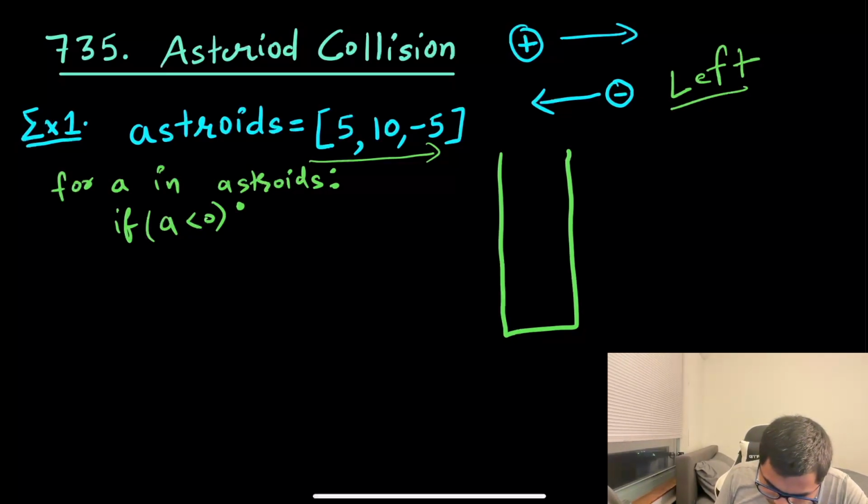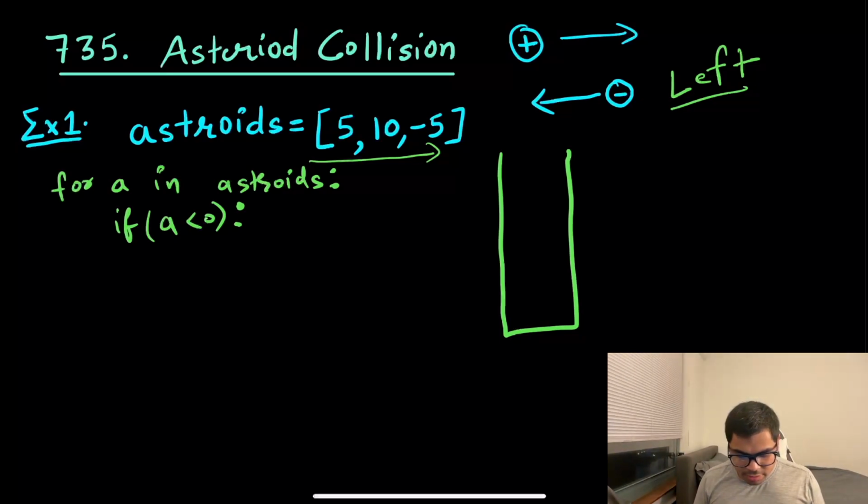If it is going to left, the first thing is either my stack is empty. If my stack is empty, that means I will append that to my stack, or my stack has some values. And then I will push them in.